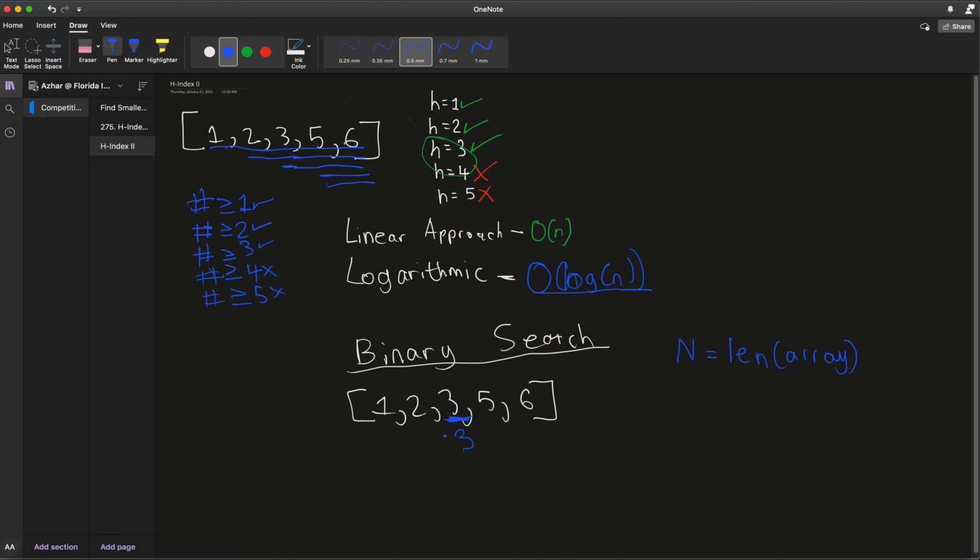So at this point, it's going to be 0, 1, 2. The specific point is 2.